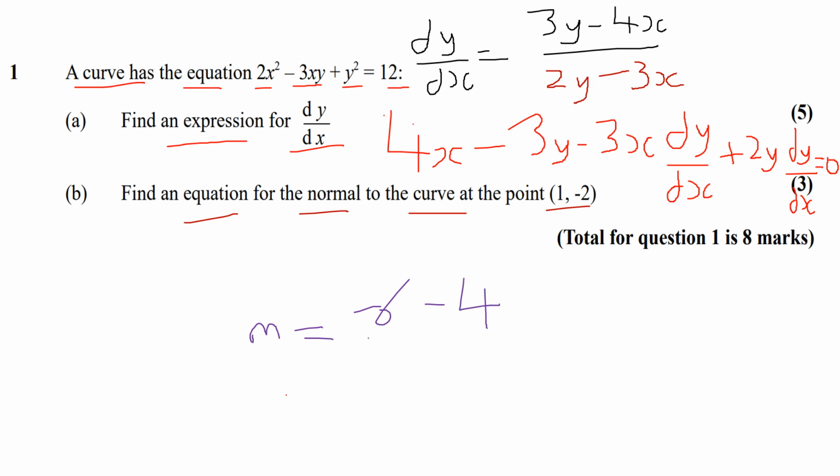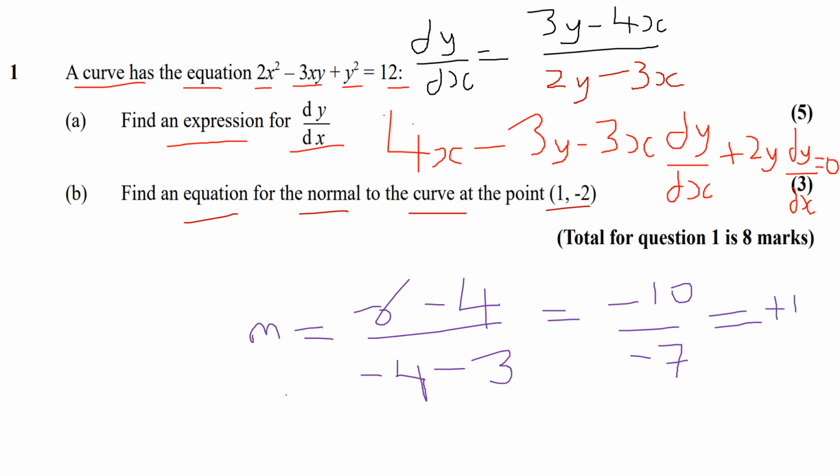All over 2y, so that'll be minus 4, and then minus 3. So we're going to have minus 10 over minus 7. The minuses cancel, so I get positive 10 sevenths. The negative reciprocal of this will be minus 7 tenths, guys. So you flip it and then you negate it. So it becomes minus 7 tenths.